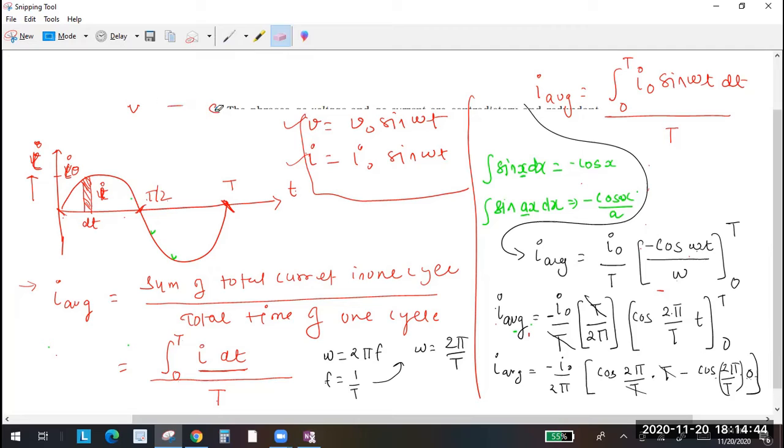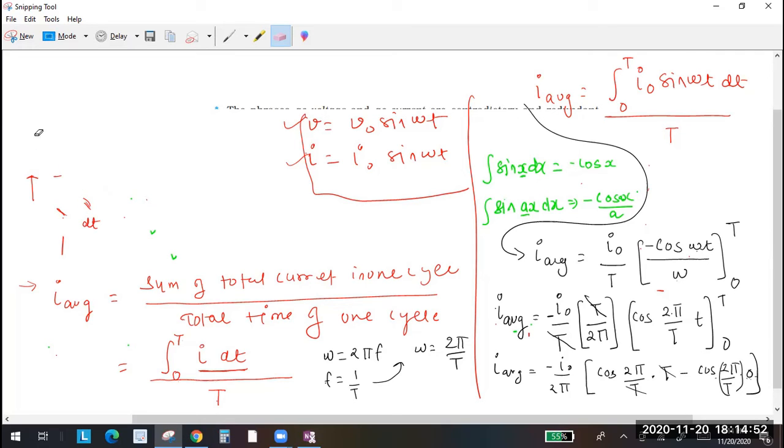Now see it very carefully so that you can understand, because this is very interesting. Basically, if I substitute the limit and everything, I can see that the final result is minus I naught over 2 pi into, T and T cancel, so basically cos of 2 pi minus cos of 0, right?